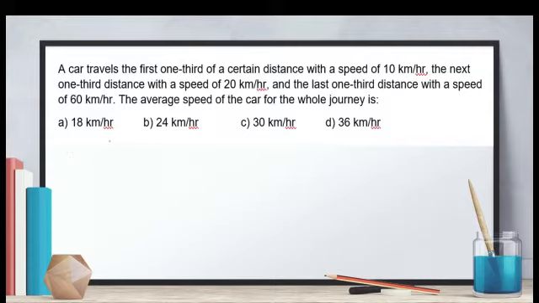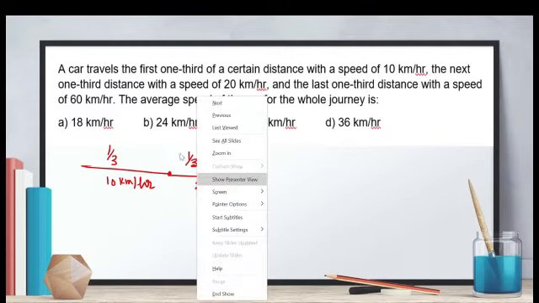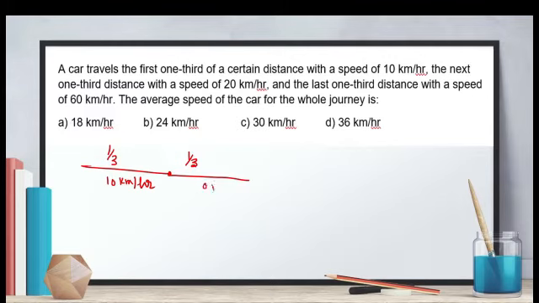So the car travels the first one-third distance with speed 10 kilometer per hour. The next one-third distance, the speed is 20 kilometer per hour.